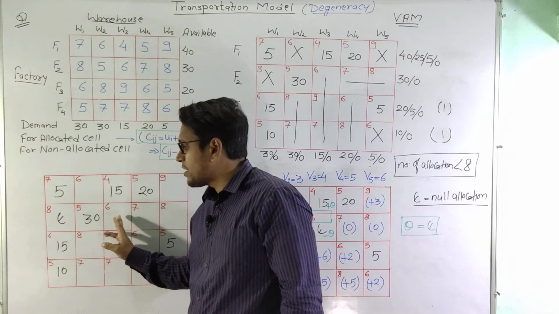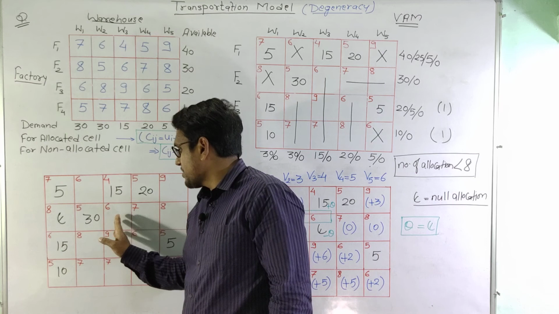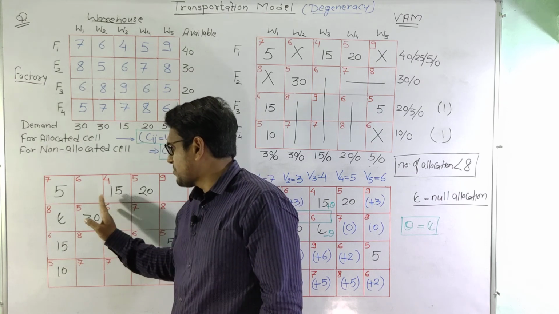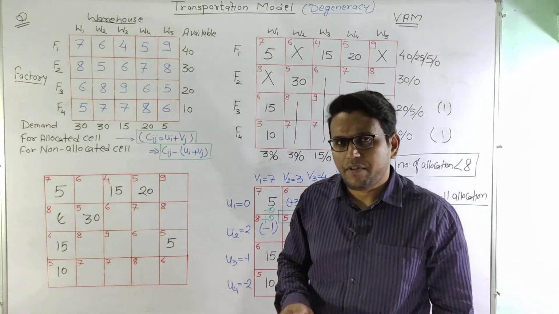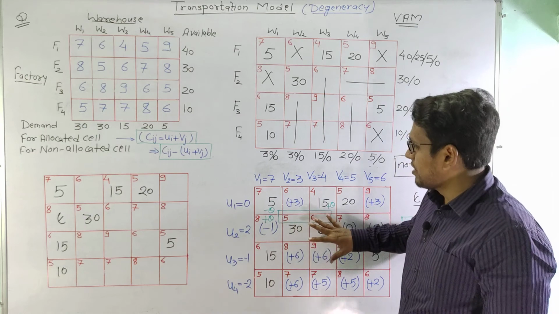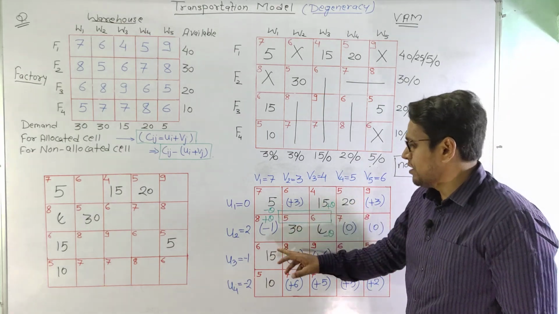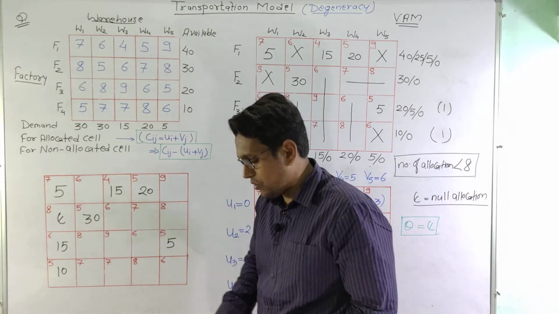Previously epsilon was here, and after the iteration, the epsilon has been shifted to this place. This is called shifting of epsilon, and because of degeneracy, the actual allocation has remained the same in this solution also.